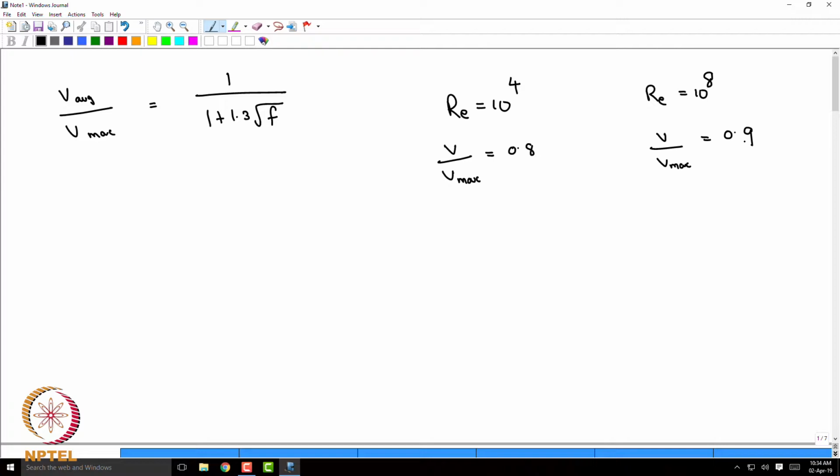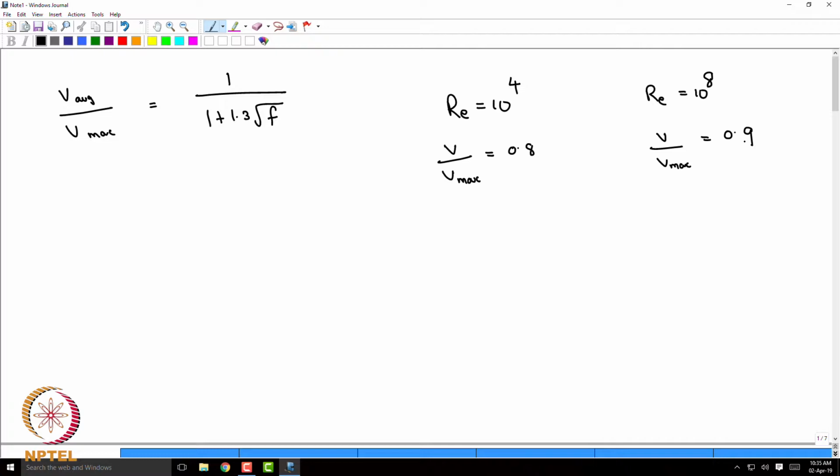As Reynolds number gets larger and larger, this average velocity divided by the maximum velocity becomes closer and closer to 1. When can average velocity become very close to the maximum velocity? When the profile is very flat. When the profile is parabolic, you had that factor as 2.